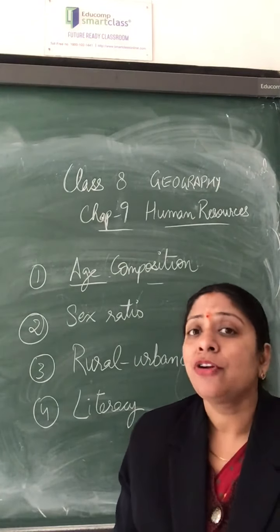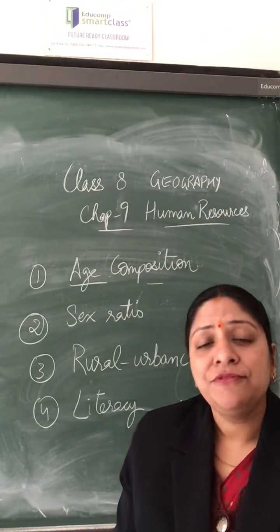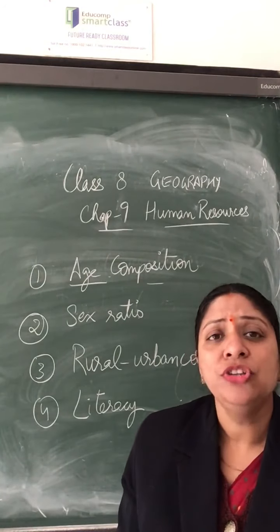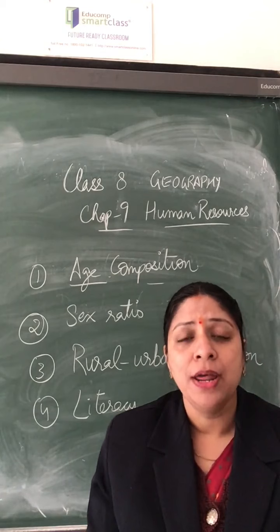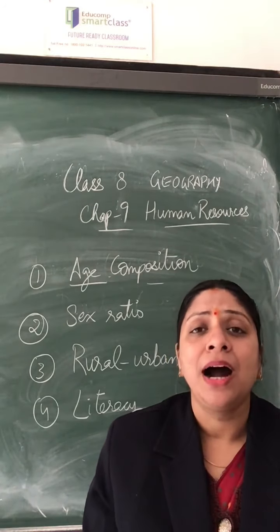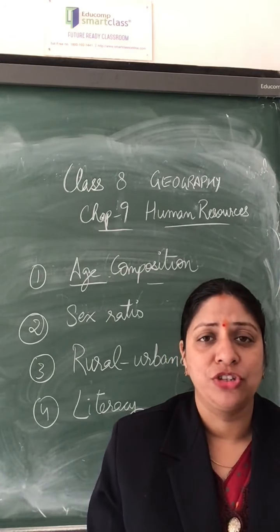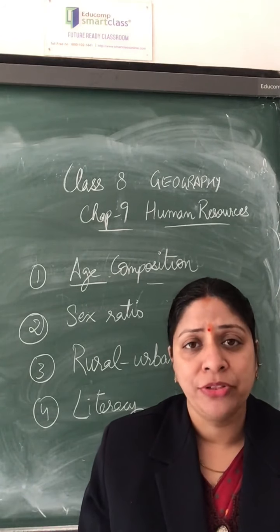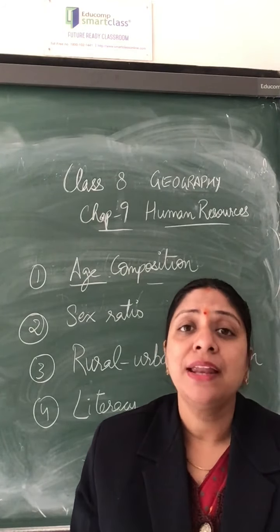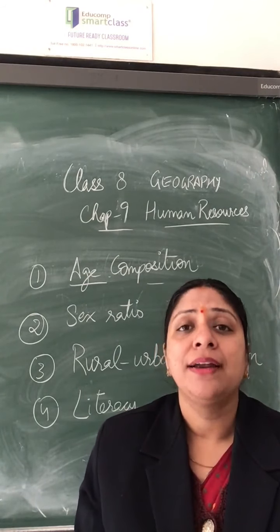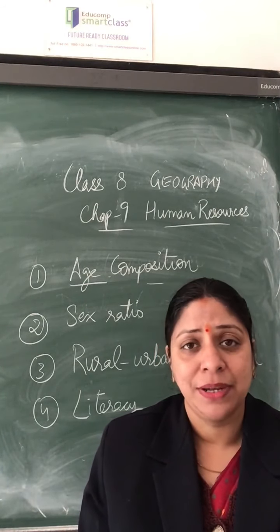That means they are not major. Children below 15 years of age are not fit for doing any kind of job, and therefore they make up the dependent population. They are dependent upon their parents. They are not fit for doing anything useful for the country, and therefore we consider them as dependent.